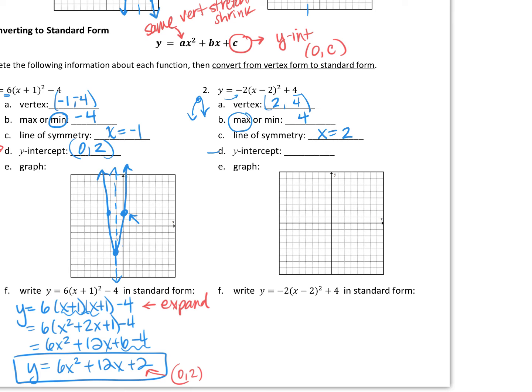So let's graph this. If my vertex is at 2, 4, okay, typically we go over 1, up 1, but we have a stretch of negative 2, so we're going to go over 1, down 2.